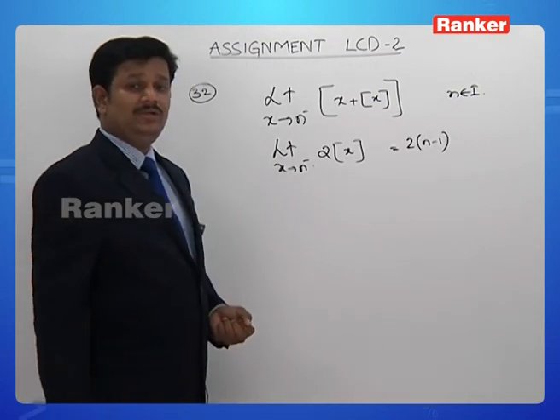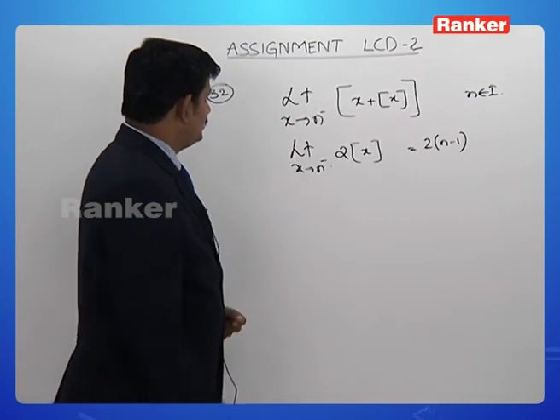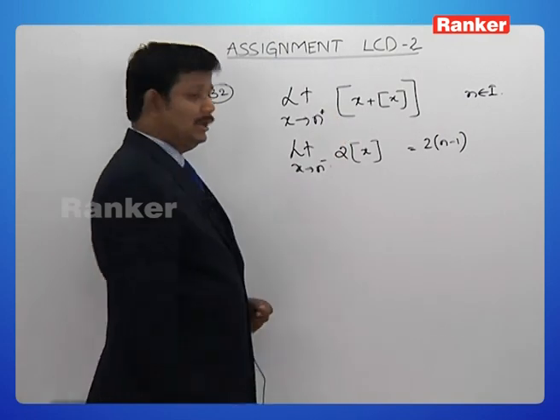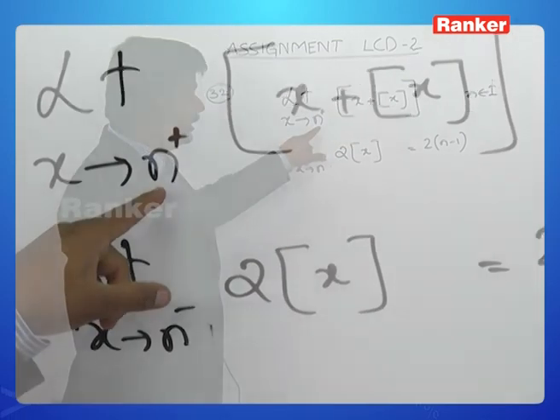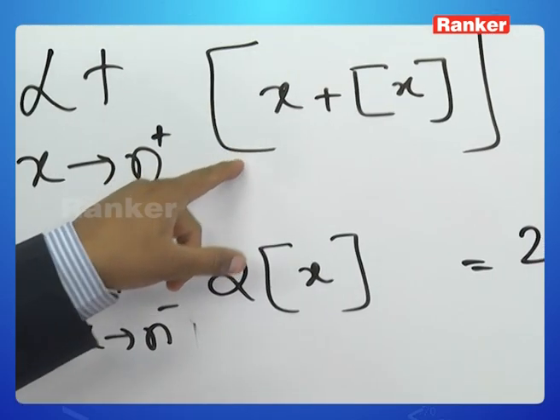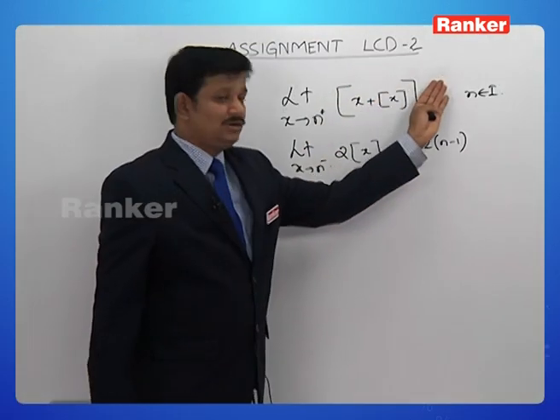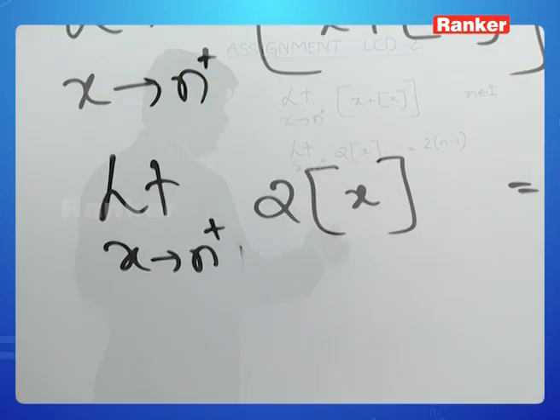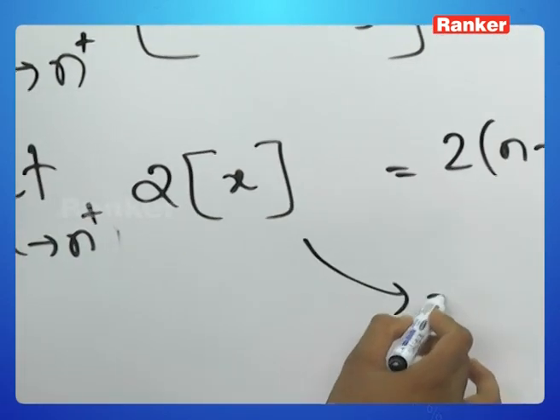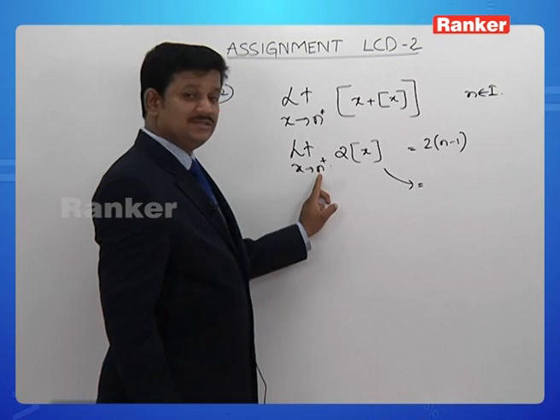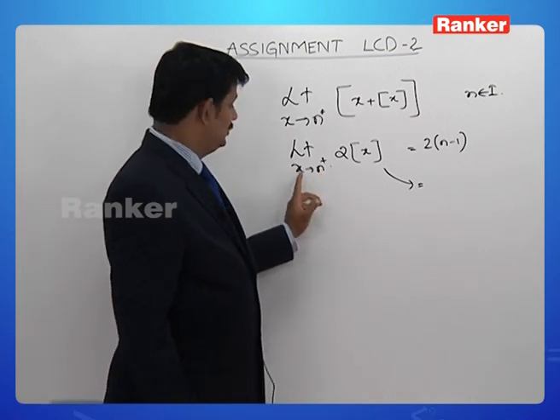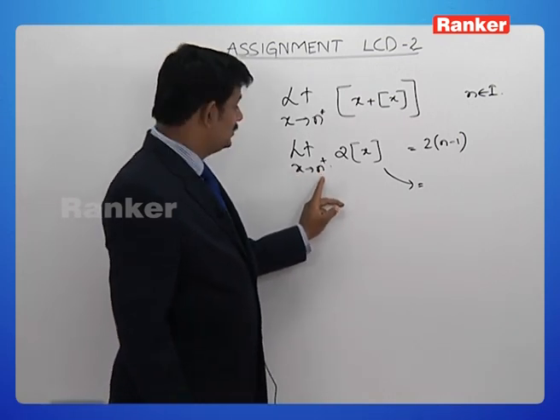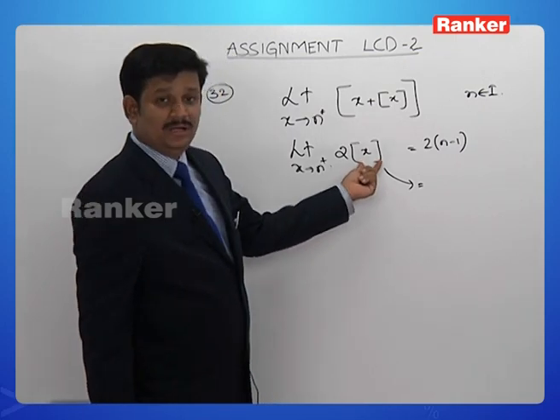Now, let us evaluate right hand limit, limit x extending to n plus of greatest integral part of x plus this, we can bring it out, this is an integer, 2 integral part of x. So, right hand limit what would it be? x is slightly greater than n. So, integral part of x would be n.